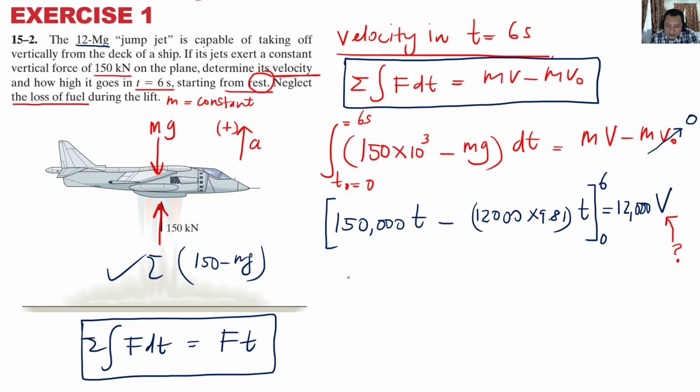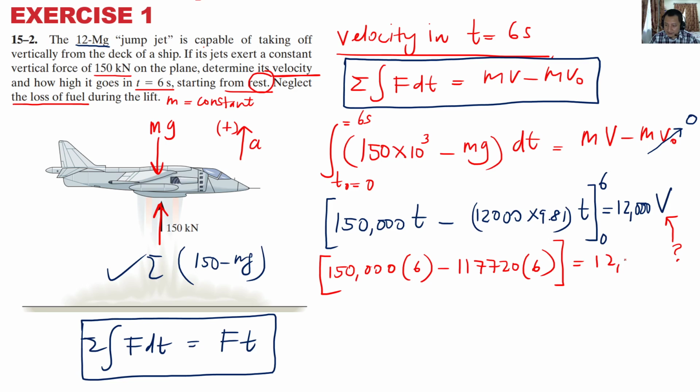Okay, so this one becomes 150 times 6, minus 12,000 times 9.81, which is 117720, times 6, equals 12,000 V. I don't have to put the thing, never mind.